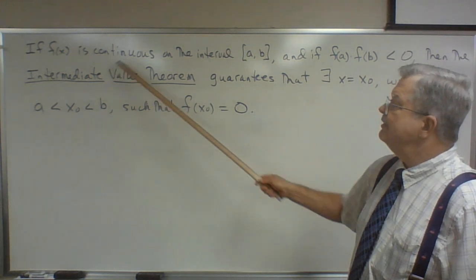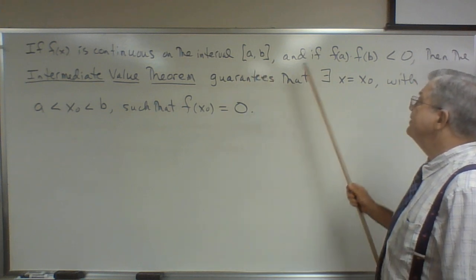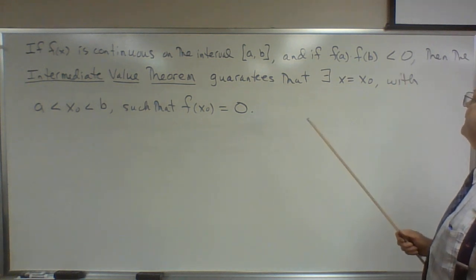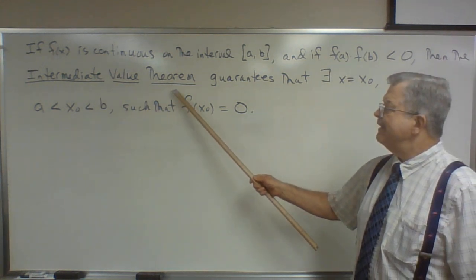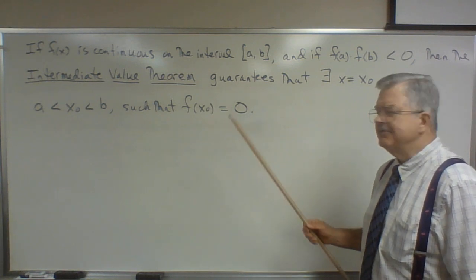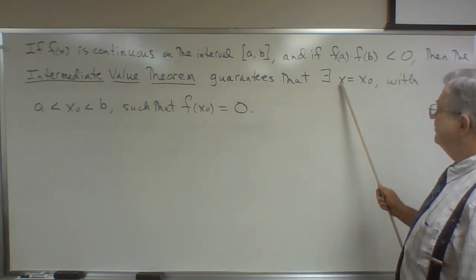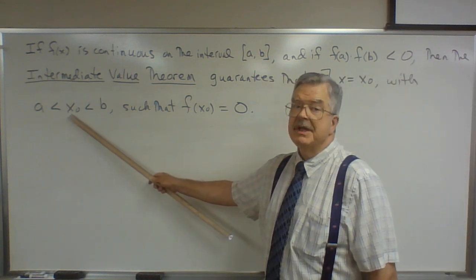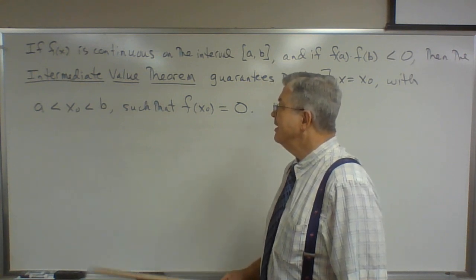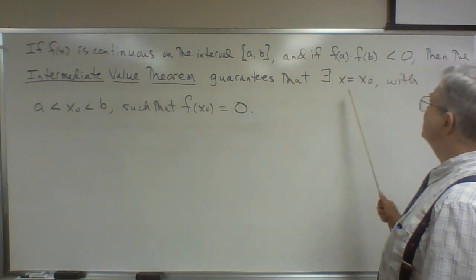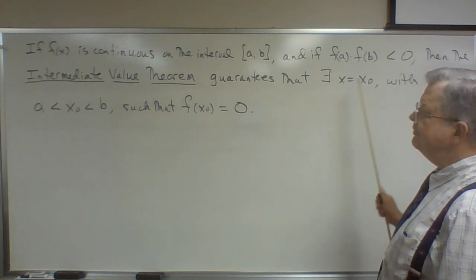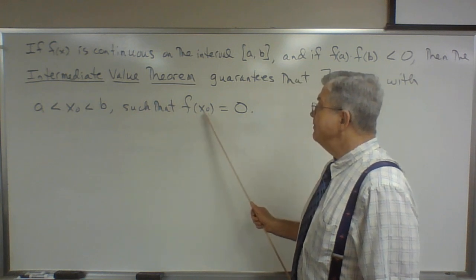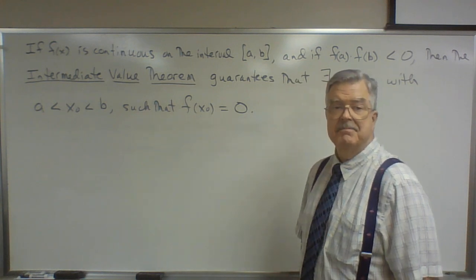If f of x is continuous on the interval [a, b], and if the product of f of a and f of b is less than 0, then the intermediate value theorem guarantees that there exists an x value, x equal x naught, where x naught is between a and b, such that f of x naught equals 0.